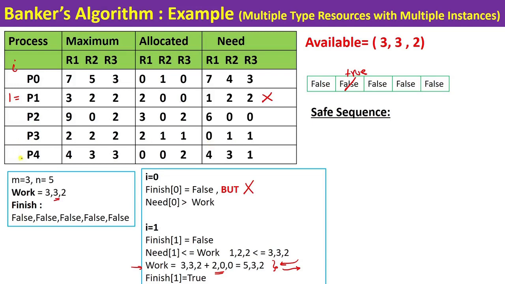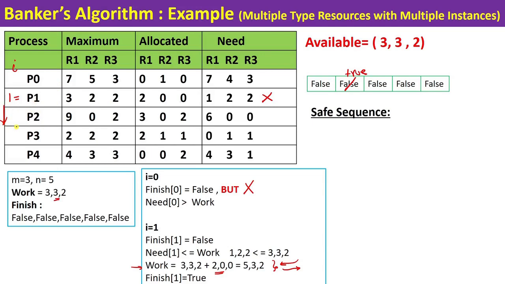You can also proceed with P4. Or after P1 I will just see whether I am able to complete the request of P0 also or not. That means after completing the request of a particular process, you are free to go with any of the processes. It is not like you can go only in this simple manner.